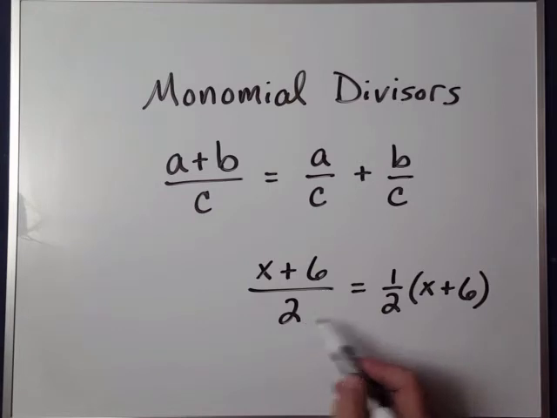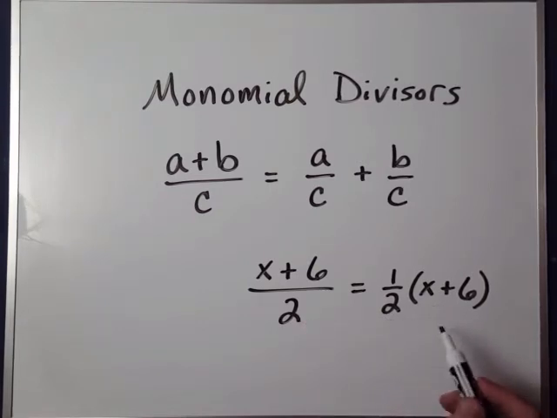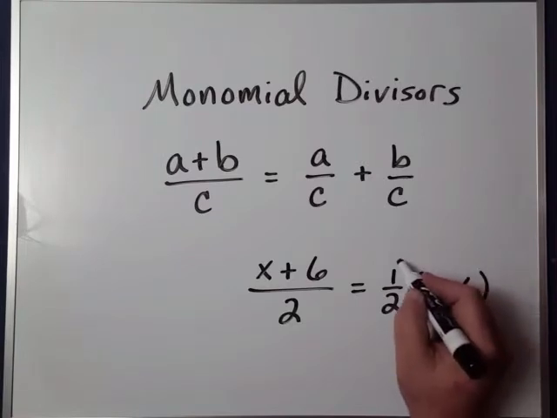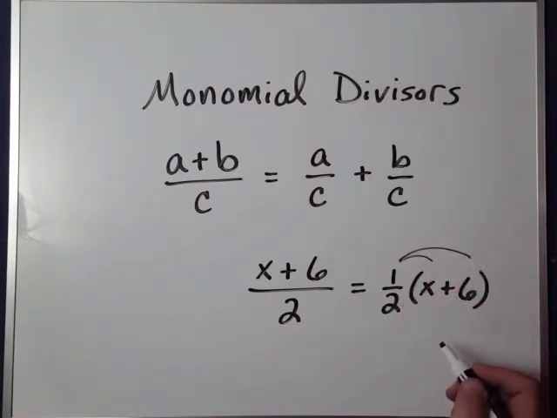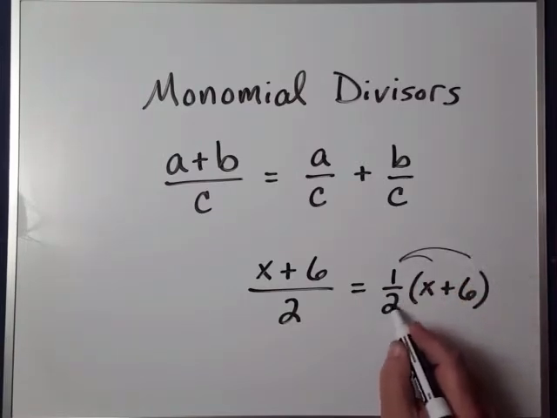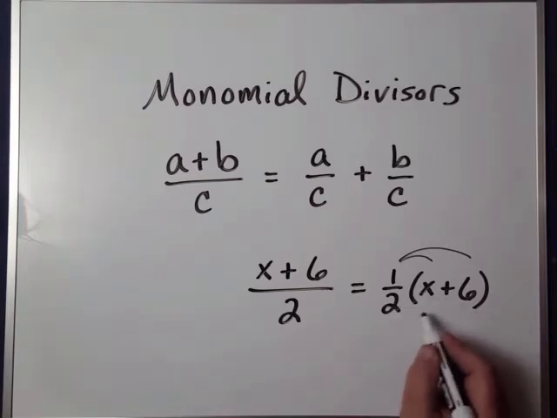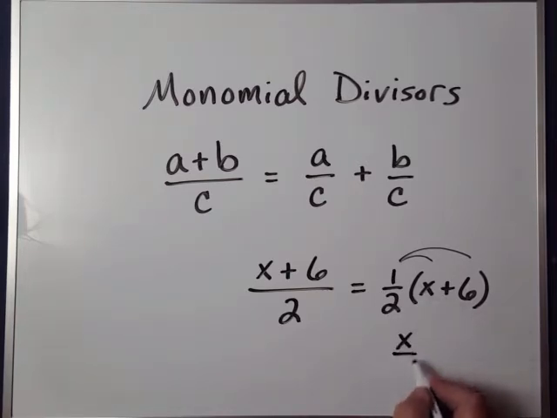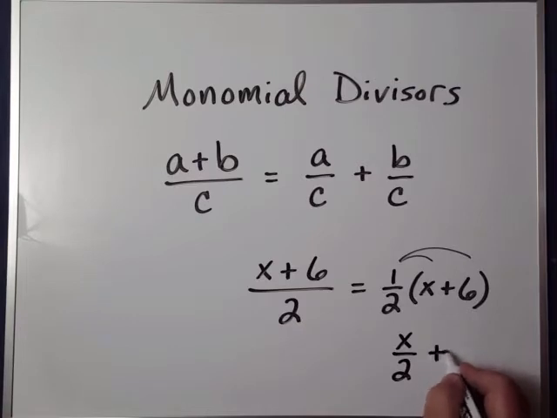Dividing by 2 and multiplying by 1/2 are the same thing. And if I look at it this way, I can distribute that 1/2 to get 1/2 times x, multiply the tops, multiply the bottoms. That'll give me x over 2 and plus 6 over 2, which I would write as 3 in a final answer.